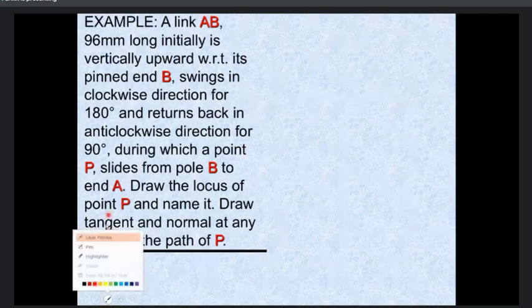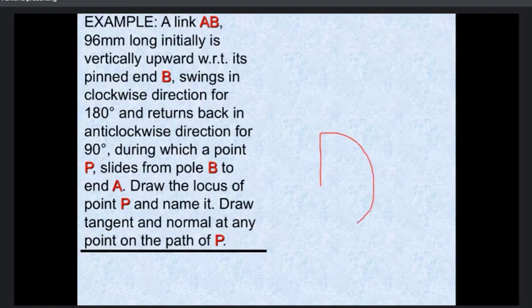Let me show you that. This type of link is there vertically upward. It is going to revolve 180 degree in the clockwise direction such that the position will be like this. Okay, यहां से वो फिक्स पॉइंट है ये आपका. ओके और 180 डिग्री क्लॉकवाइज पे रिवॉल्व किया, बट जब उसका 180 डिग्री पे यहां पे पोजीशन आ गया, उसके बाद क्या बोला है क्वेश्चन में?